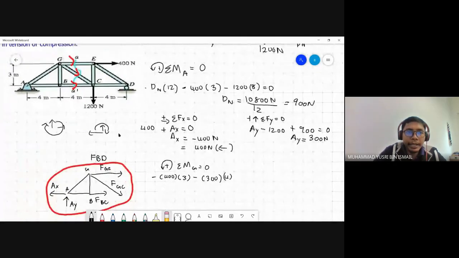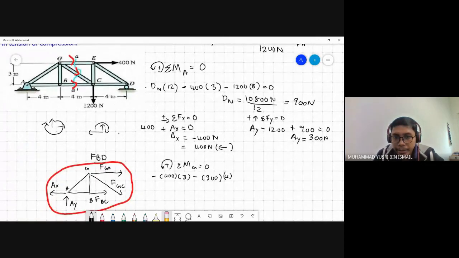And then FBC times with 3, plus equal to 0.